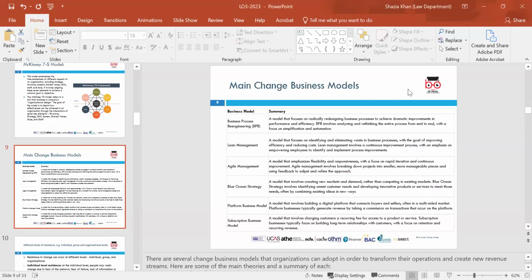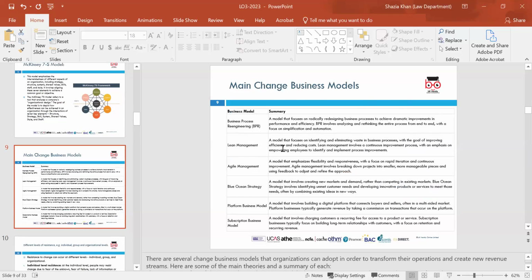Then these are some of the main business models that we've looked at. So we've looked at business process re-engineering, BPR, which is a model that focuses on radically redesigning business processes to achieve dramatic improvements in performance and efficiency.